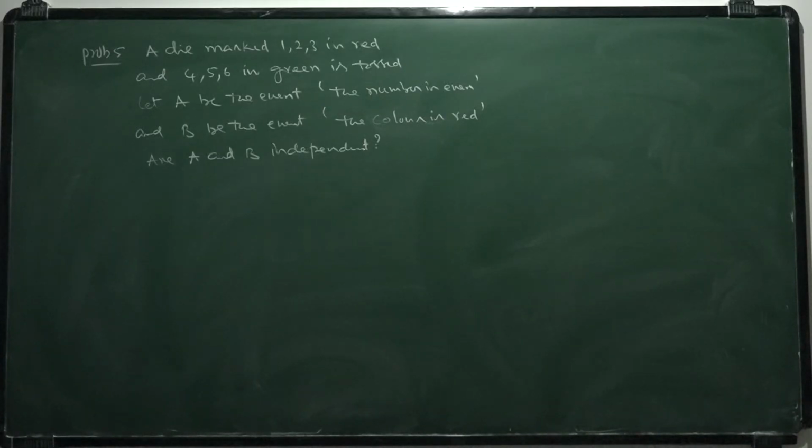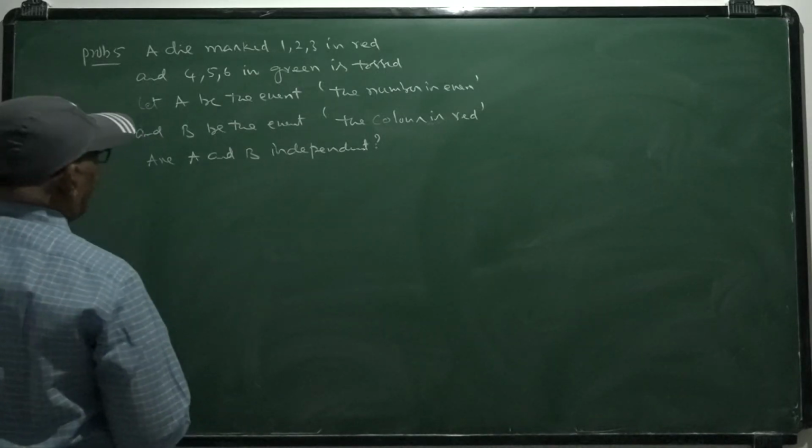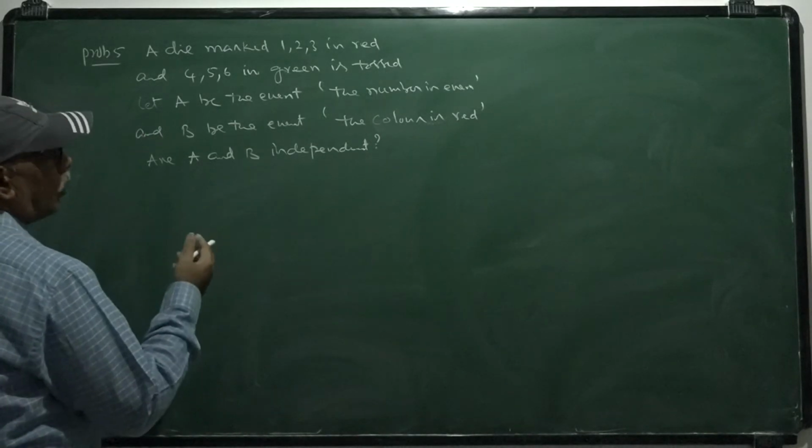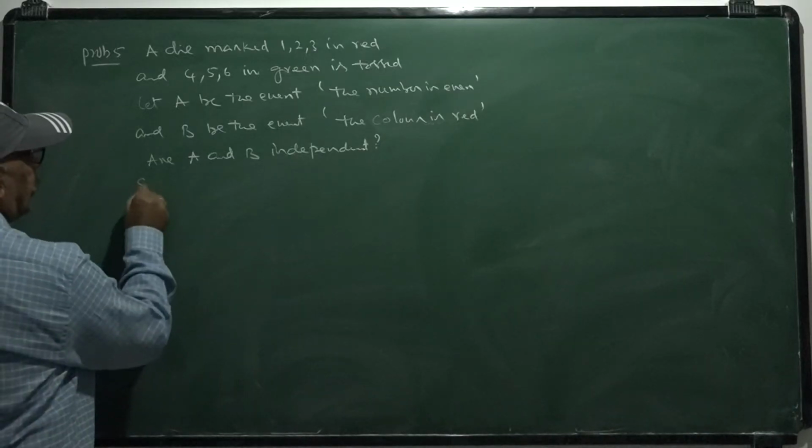Such a die is tossed once, and A stands for the event of getting an even number, and B stands for getting a red color face. That is the question here.